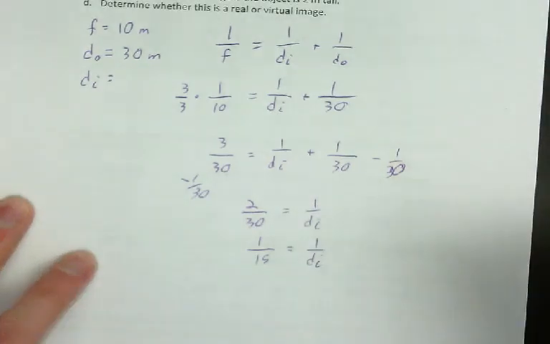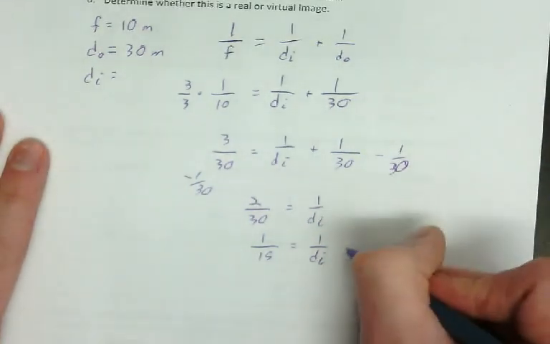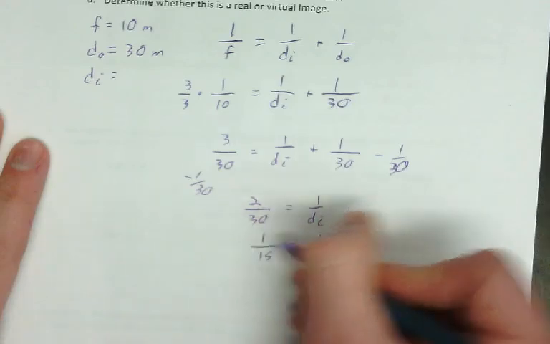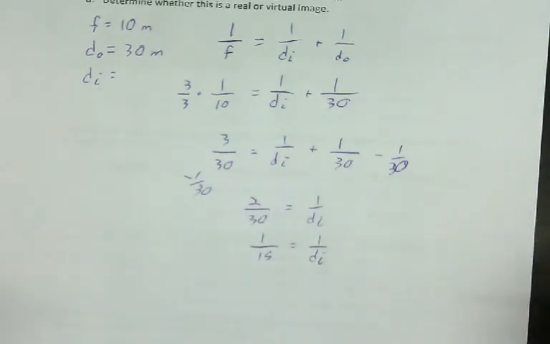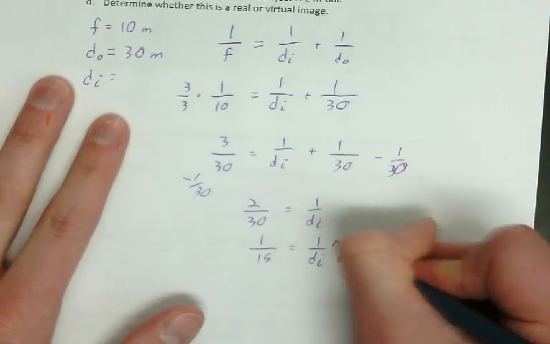But I don't want 1 over DI, do I? Nope. So what do I do? Yeah, multiply both sides by DI, and then multiply both sides by 15. Or, save yourself some time, flip them.